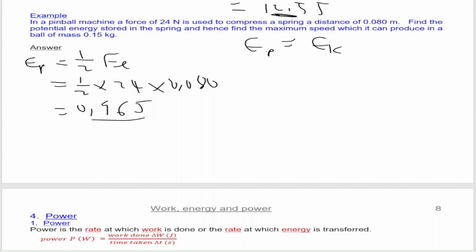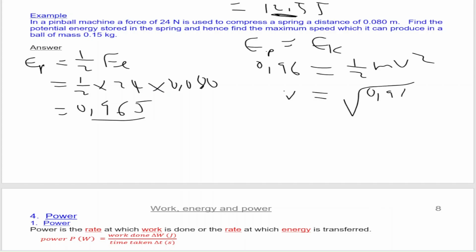So we're going to equate the EP to the EK. 0.96 joules should equal half mv squared. And then we make v the subject of the formula. So v will be equal to the square root of 0.96 times 2 over the mass. The mass is given in the question, which is 0.15. So if you do the maths well, you should get 3.6 meters per second.